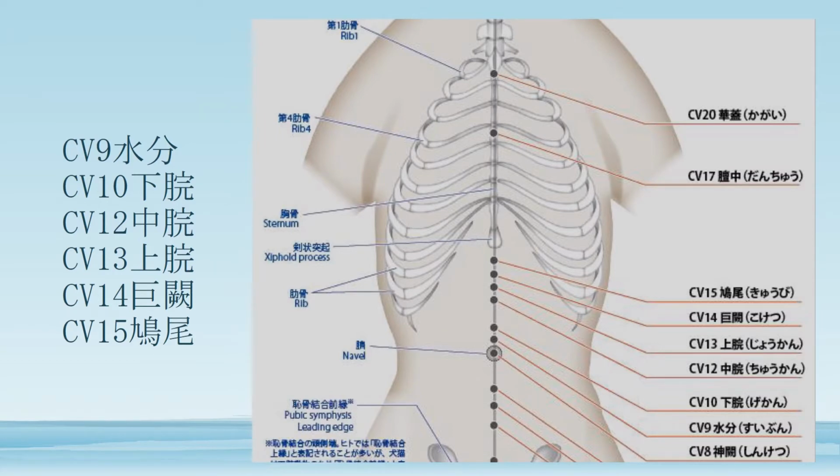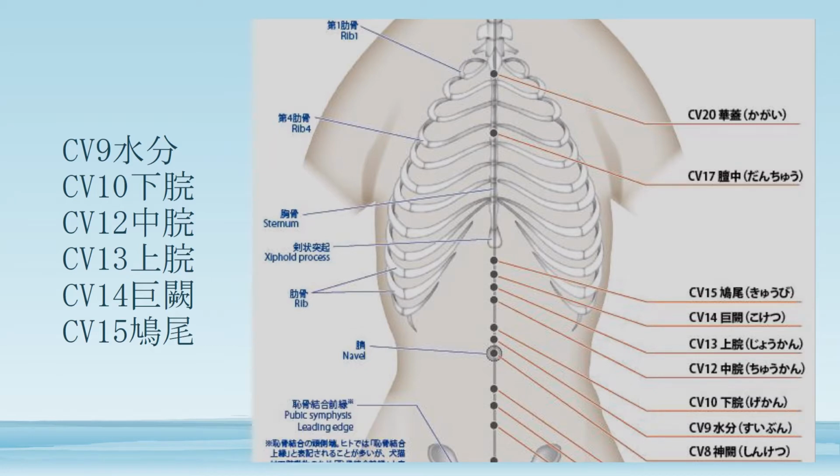Above the navel, the landmarks are the navel, CV8, and xiphoid process. Draw a line between the navel and the xiphoid process and divide it into 8. 1/8 from the navel is CV9. 2/8 from the navel is CV10.